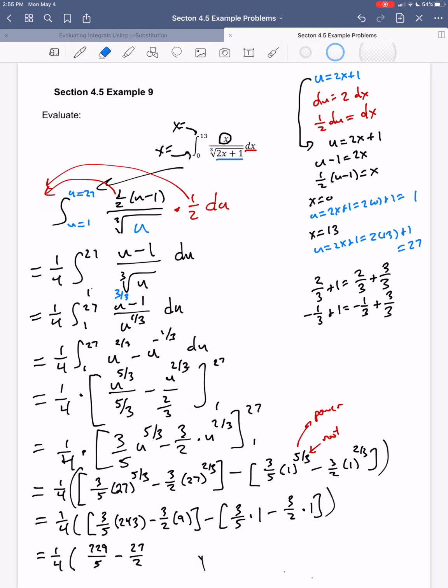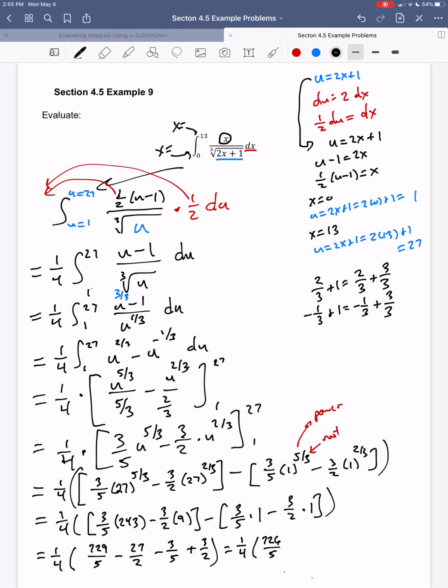Let's see. Minus 3/5, and then minus a negative 3/2 becomes plus 3/2. Going to be running out of room here. So that's 1/4. 729 minus 3 becomes 726 over 5.